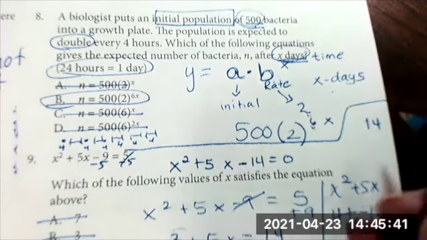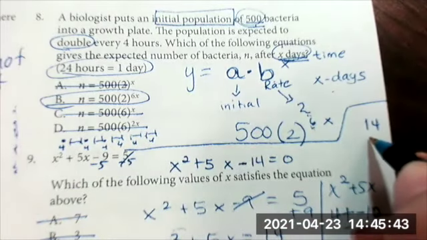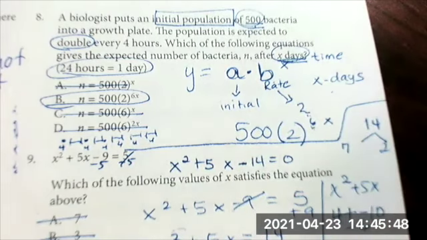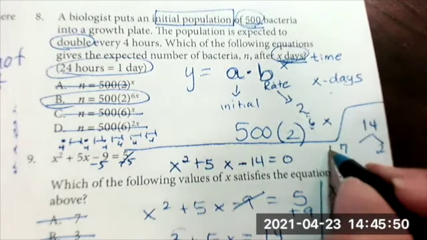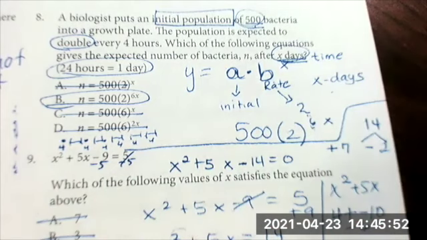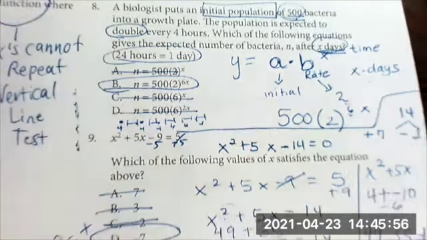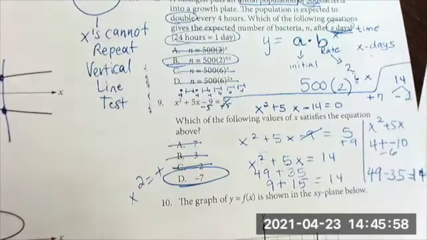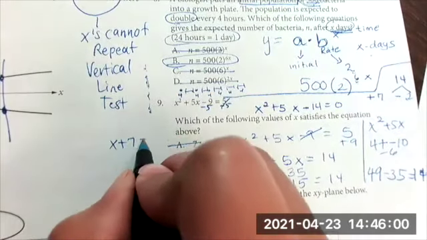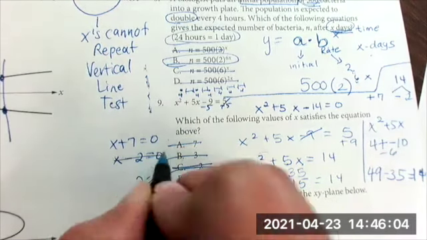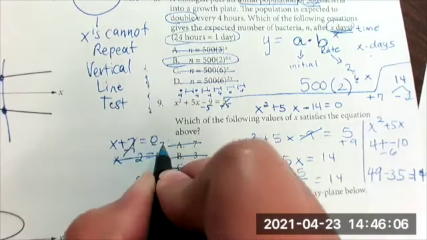And you ask yourself, factors of 14 that give you 5. 7 times 2, right? And then this one's positive and this one's negative. So you have, I'm going to see, because I have very little space. X plus 7 equals 0. X minus 2 equals 0. This one's out, so it's negative 7.